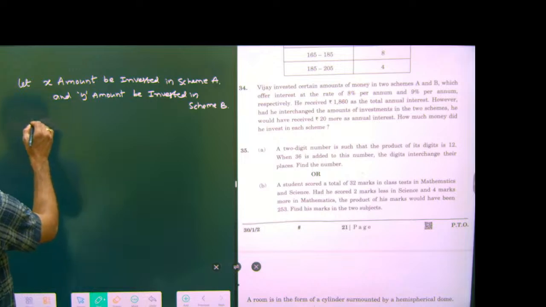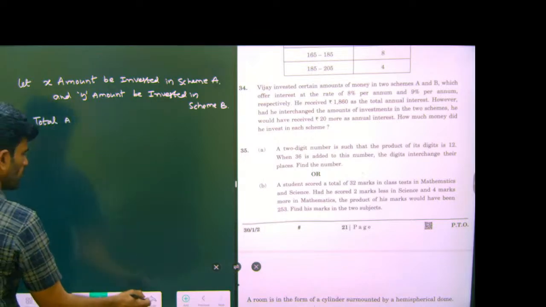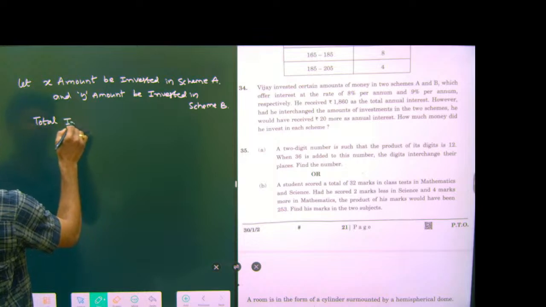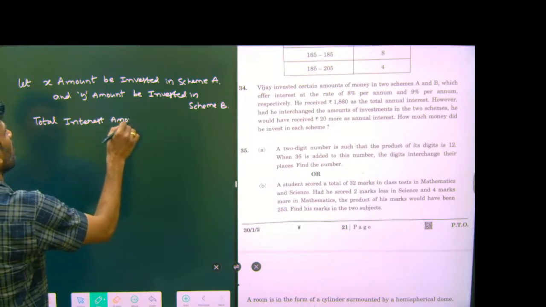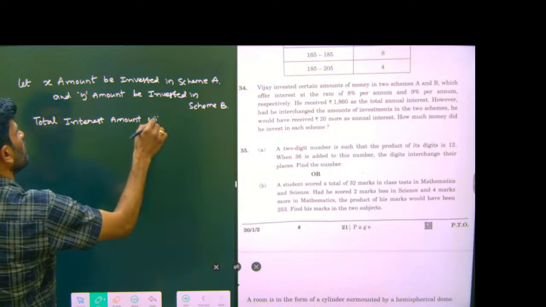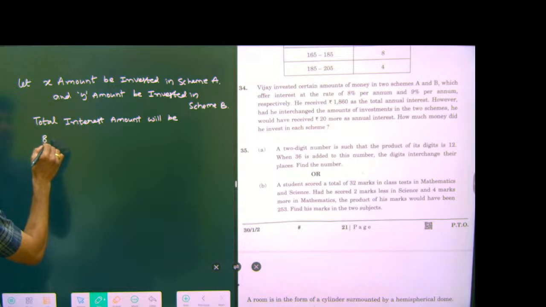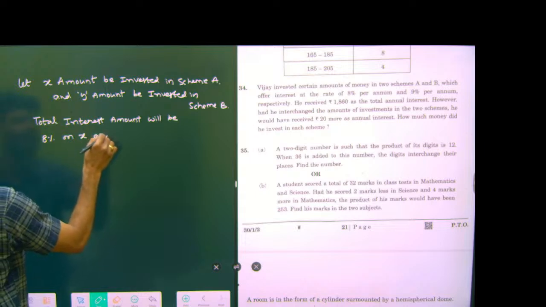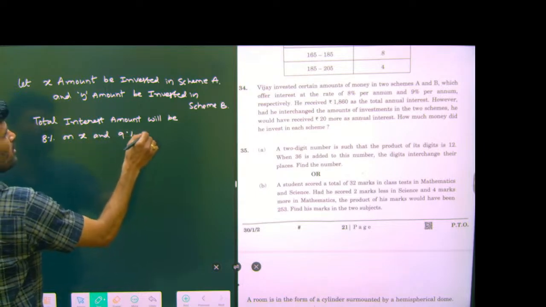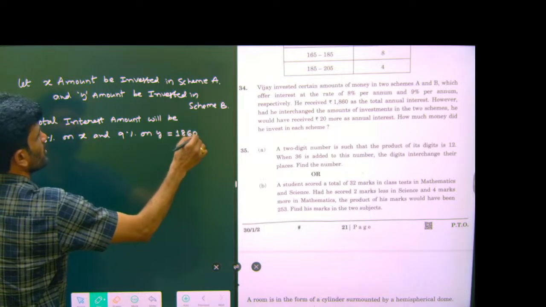The total interest amount, according to the given question, will be 8% on X and 9% on Y, which gives you 1860 rupees.